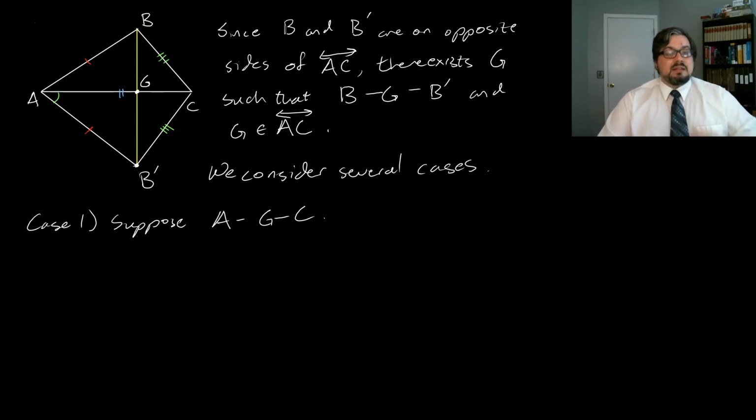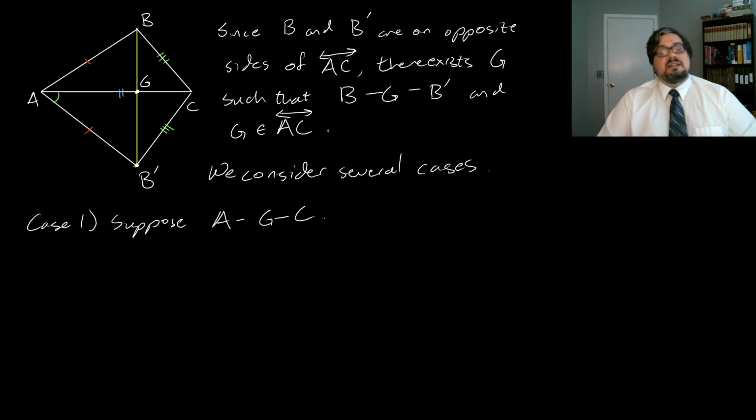Now, what we would really like is to be able to use either side angle side or angle side angle, which means that we need some way of getting at the angles involved in the problem. The Isosceles Triangle theorem is exactly how we're going to do it.